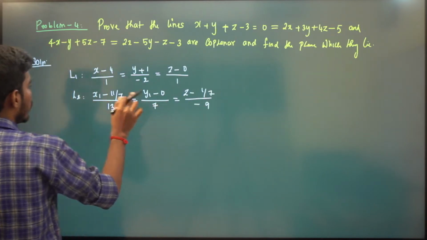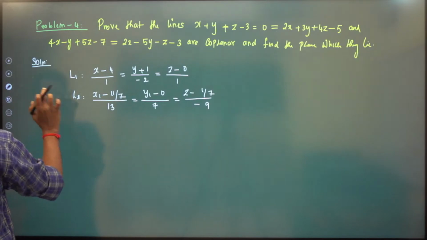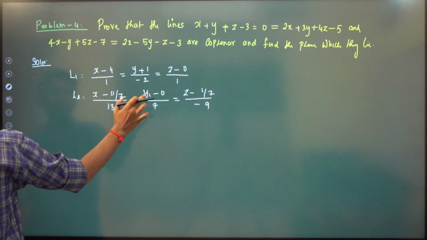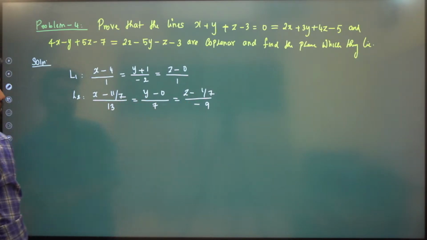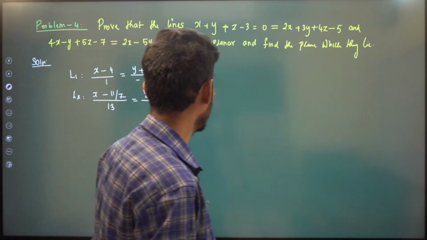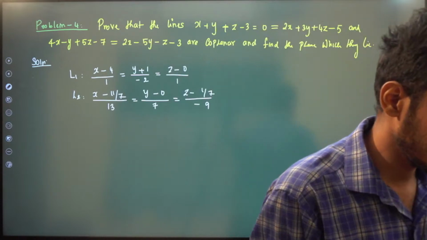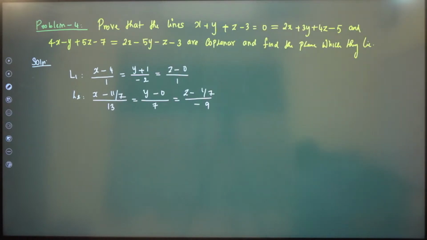Here they have put the y term to be 0. From now on, you can easily show they are coplanar and find the plane they are intersecting. You just have to convert the general form to symmetrical form, which we already know.